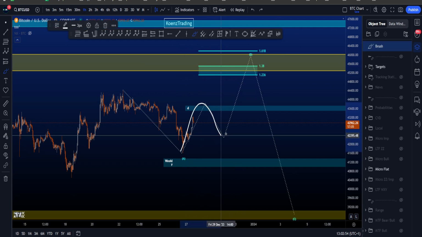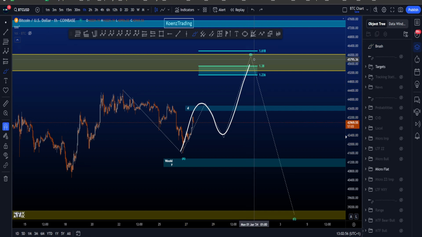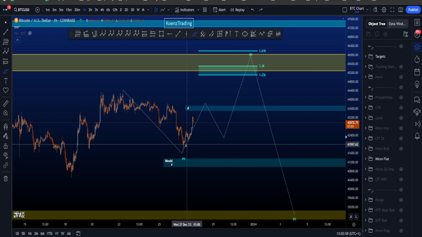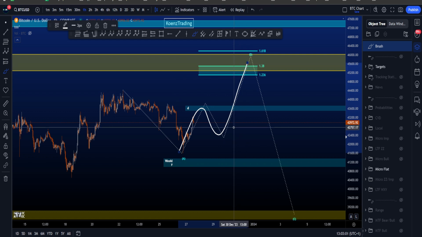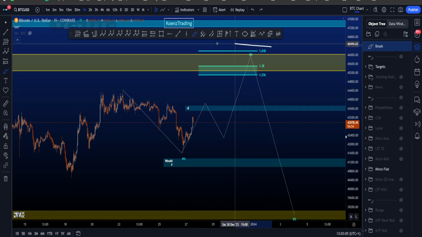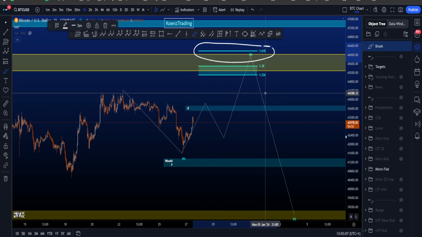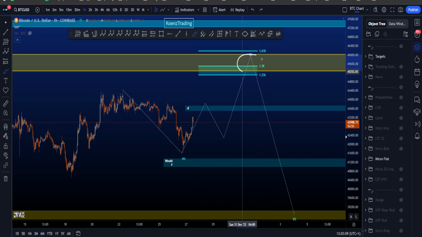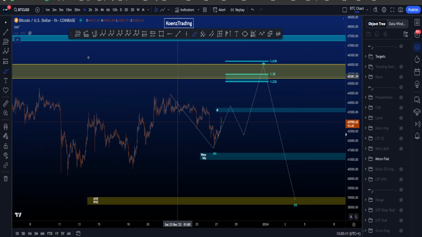For a wave C and then a potential zigzag in this wave B, which is most common by the way in a wave B, a zigzag family structure, either simple 5-3-5 or a double WXY sharp zigzag to the upside, the 1.618 is also still a target, which is sitting just above the target box, as you can see.